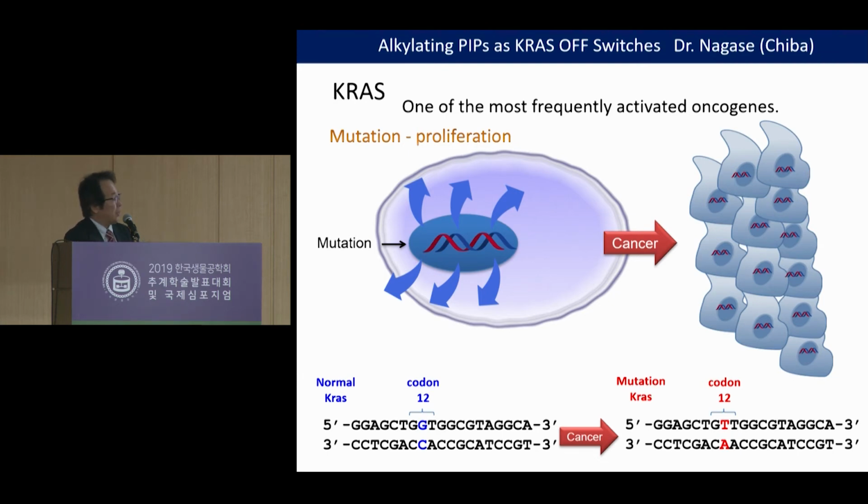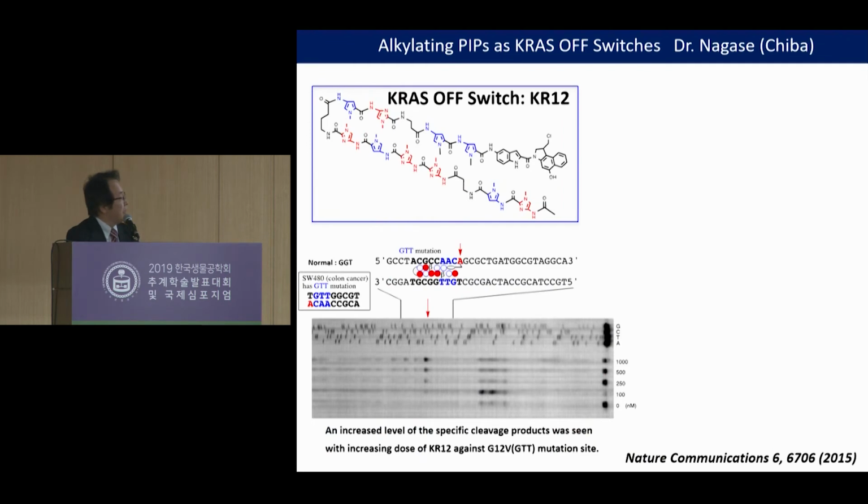So this is a major mutation. Therefore, we synthesized a polyamide which selectively targets the mutated GTT sequence. And the sequencing gel clearly indicates the molecule selectively alkylates one match site and effectively reduces the expression of KRAS.